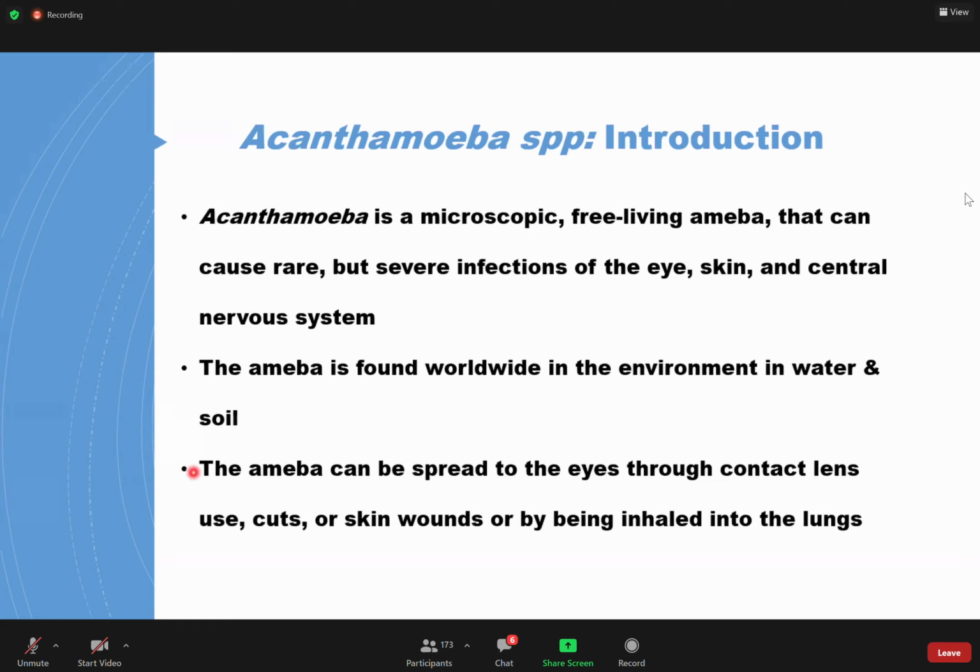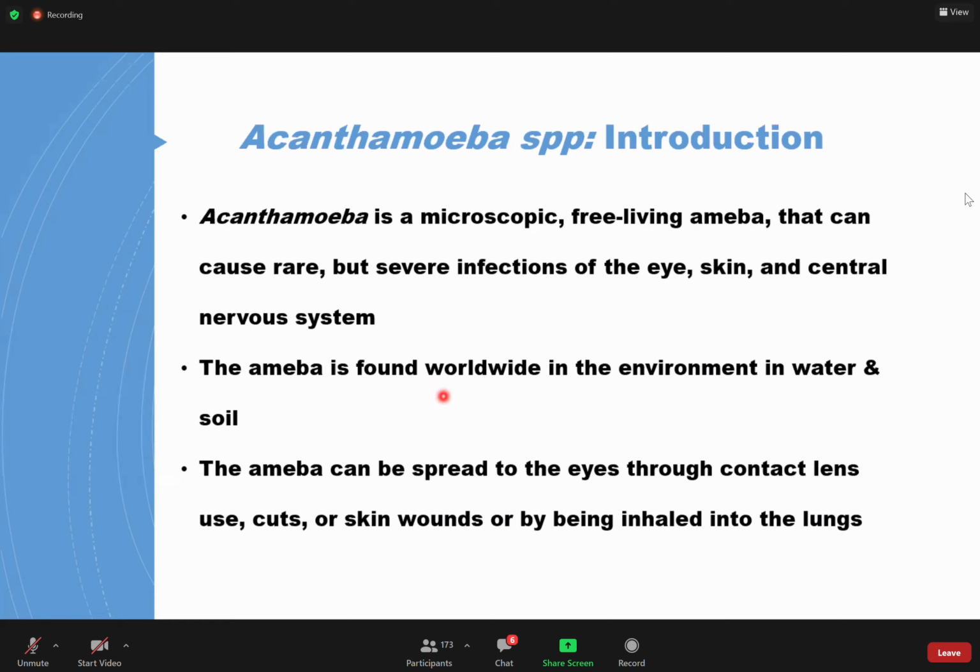And the organism is Acanthamoeba species. There are different types. Now, they are microscopic and they are free-living amoebae. What this means is that you have them as facultative parasites. Remember the very first lecture we said we can have facultative parasites. They can switch between a parasitic life cycle or just being there in the environment causing no trouble.